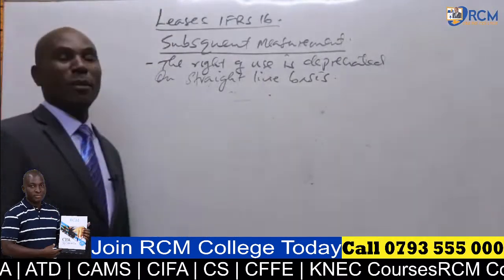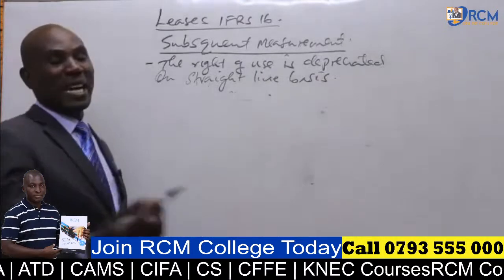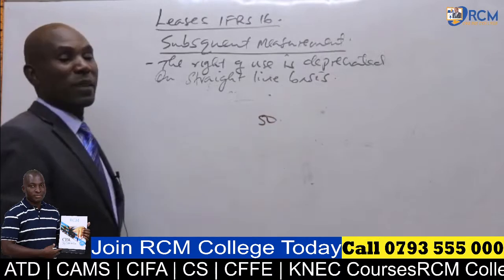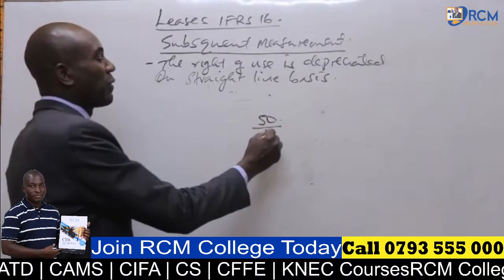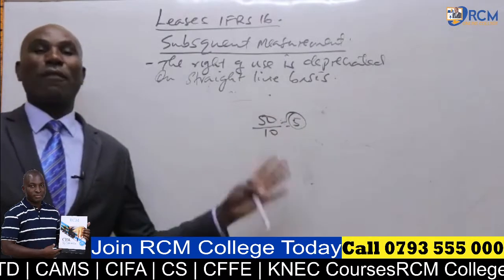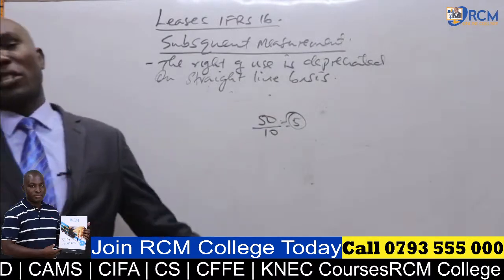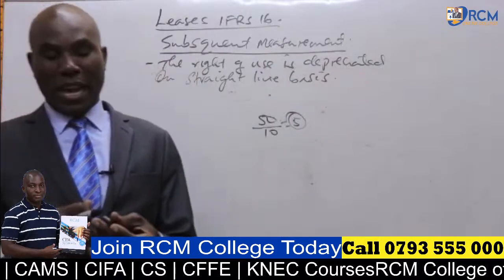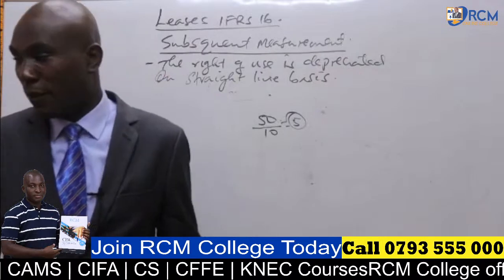Therefore, straight line means, for example, I'm taking the asset for 10 years. The value on initial recognition is 50. Therefore, straight line, I divide by 10. Each year, I'm recognizing depreciation of 5 million. That is what we mean by straight line, cost over the useful life of the asset.